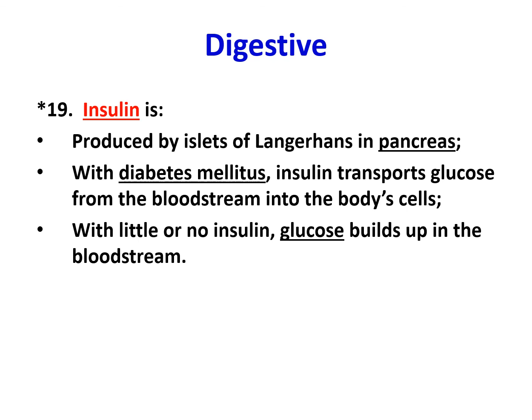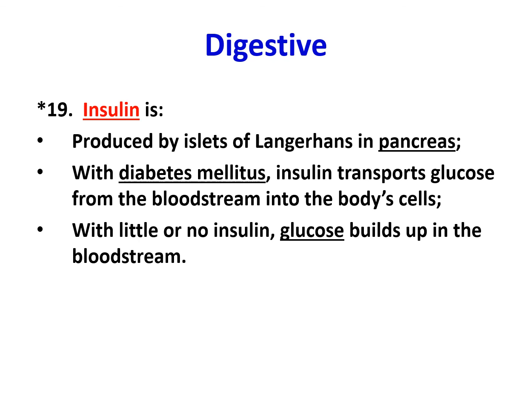So still talking about digestion, we're talking about insulin, right? What is insulin, right? We're learning that it is produced by the islets of Langerhans that are in your pancreas. There are these very small areas in your pancreas that produce insulin. And so when you have diabetes mellitus, the insulin comes out, right?